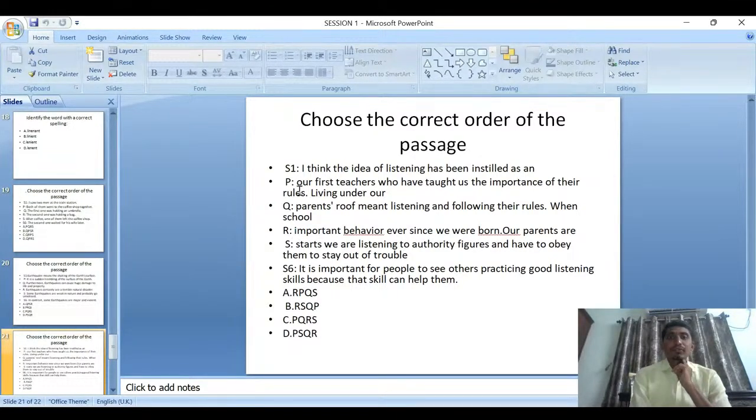So we found two vowel sounds here, but let's check the meaning. So important behavior ever since we were born. So R is the first option. We have two options with R. So R, I am fixing it.